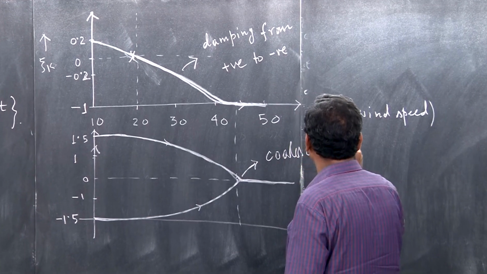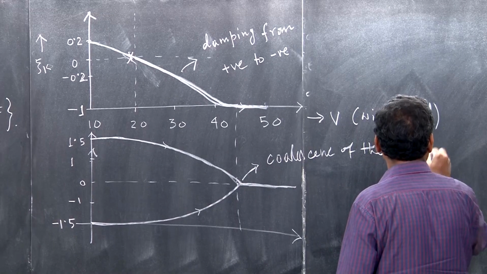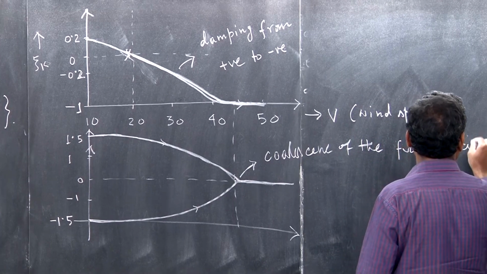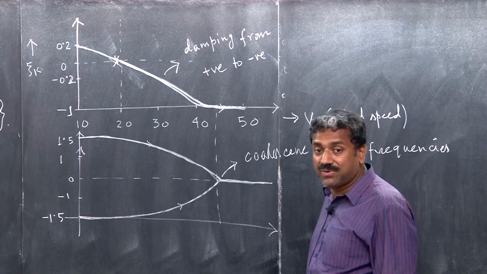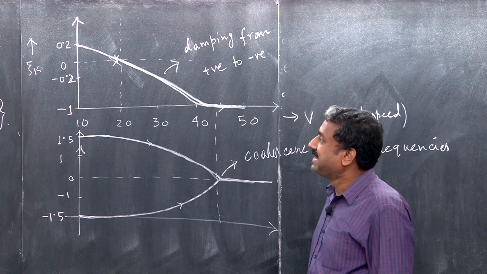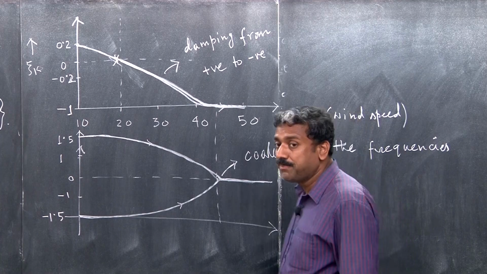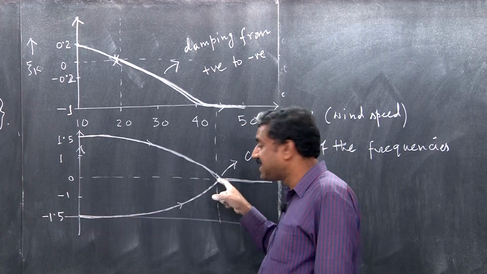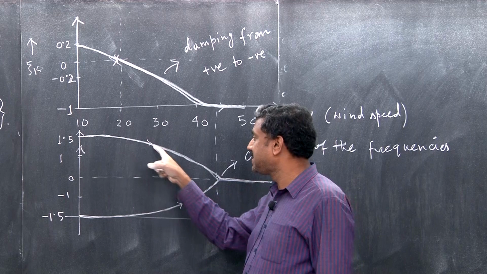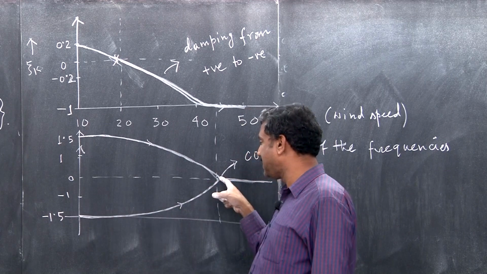Coalescence of the natural frequencies. So, when aerodynamic flutter is triggered, the damping of course becomes negative, but at the same time that is accompanied by the coalescence of the two frequencies. Do you see that? This frequency is decreasing, and this frequency is increasing, and then they are coalescing.